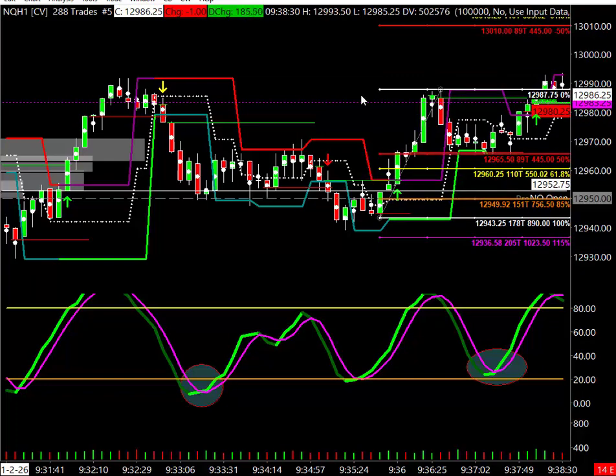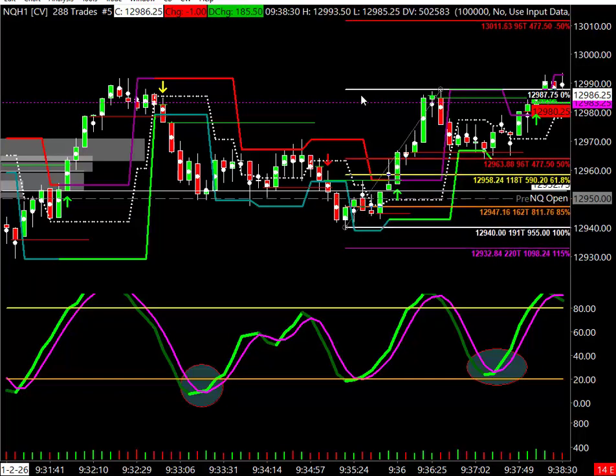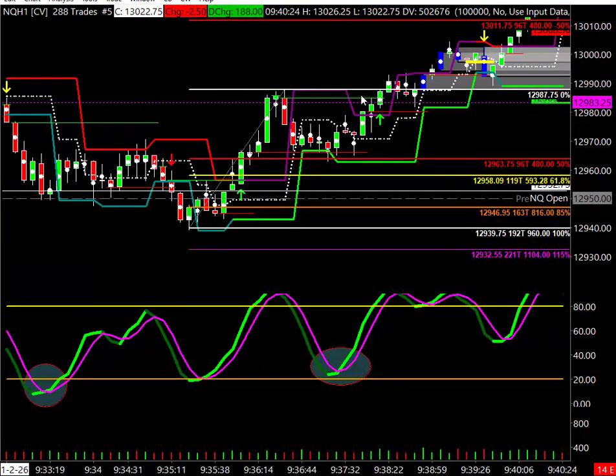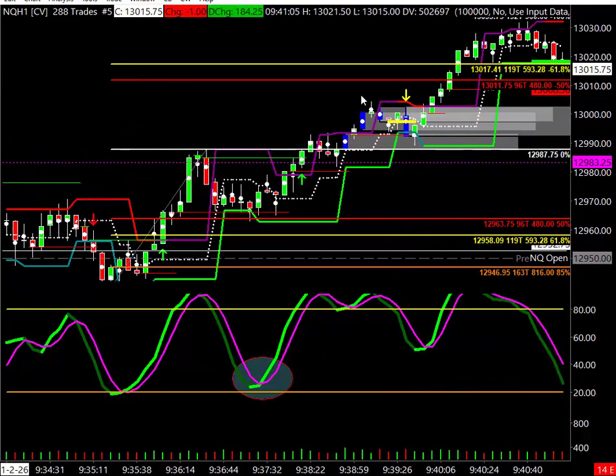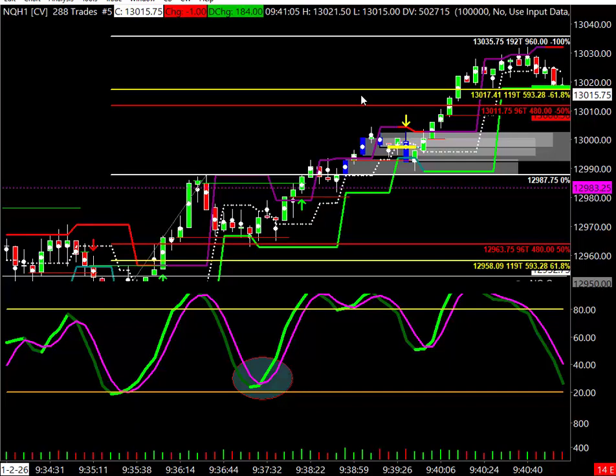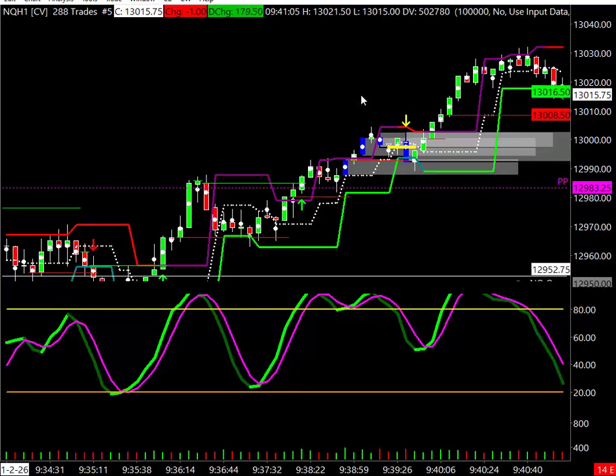If we used our swing low, perfect 500, second hook back up again, getting the full move on our retracement up here to our target of 13,035.